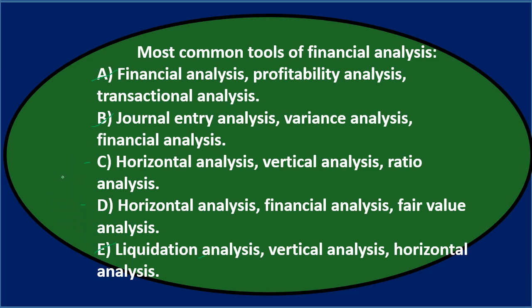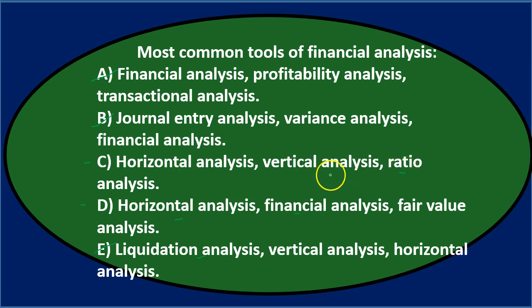Most common tools of financial analysis, either C, horizontal analysis, vertical analysis, ratio analysis, or D, horizontal analysis, financial analysis, fair value analysis. The reason I kept D is because financial analysis seems to pop up everywhere. Fair value seems like a decent term, and horizontal is something I recognize. Horizontal is also up here, so that's not going to be one of the differences. Ratio analysis versus financial analysis: I think ratio analysis is the proper term.